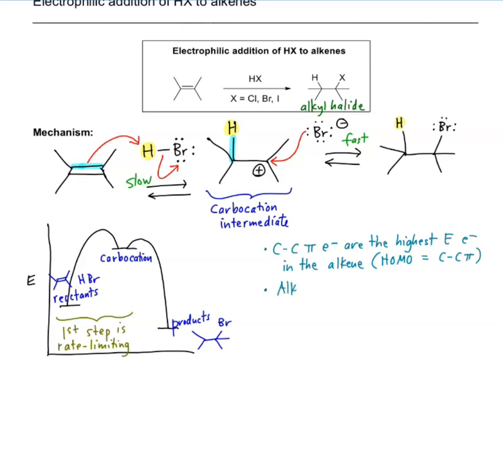The alkene uses its pi electrons to accept a proton from HBr. That means it's going to use them to form a bond to a proton from HBr.